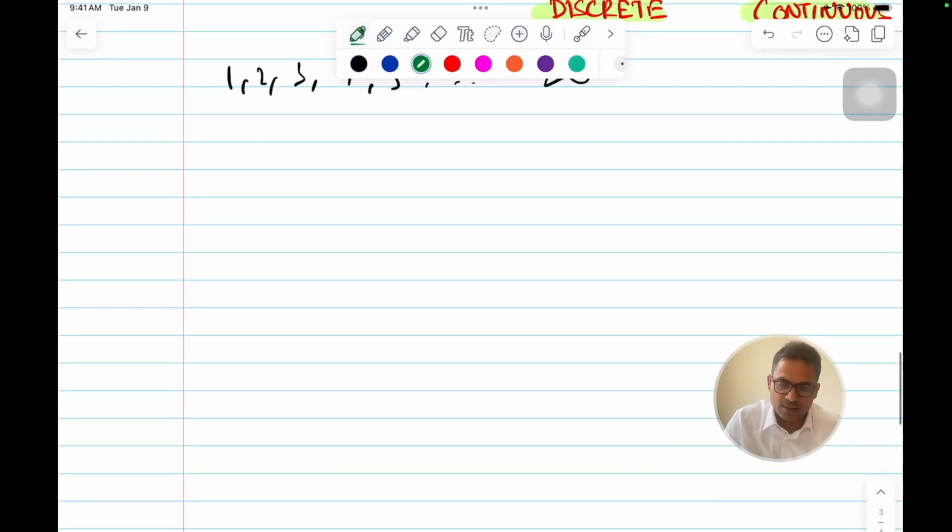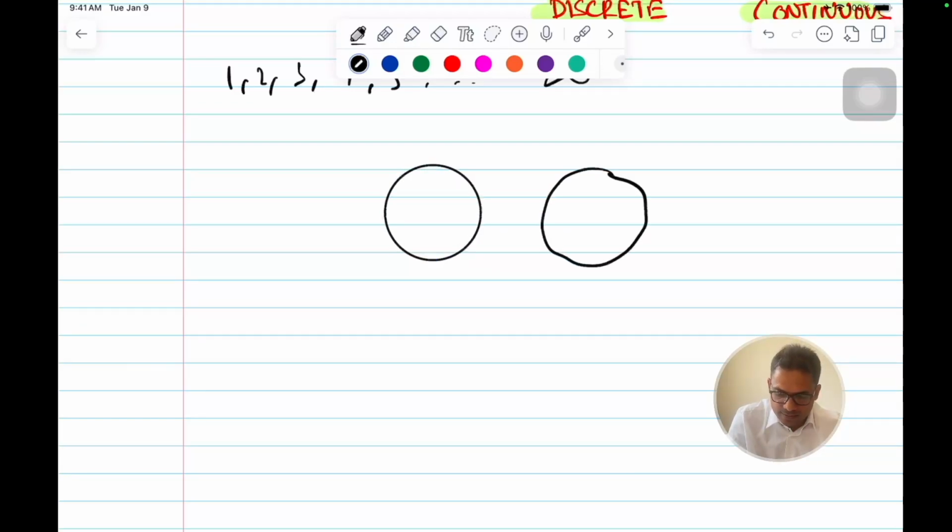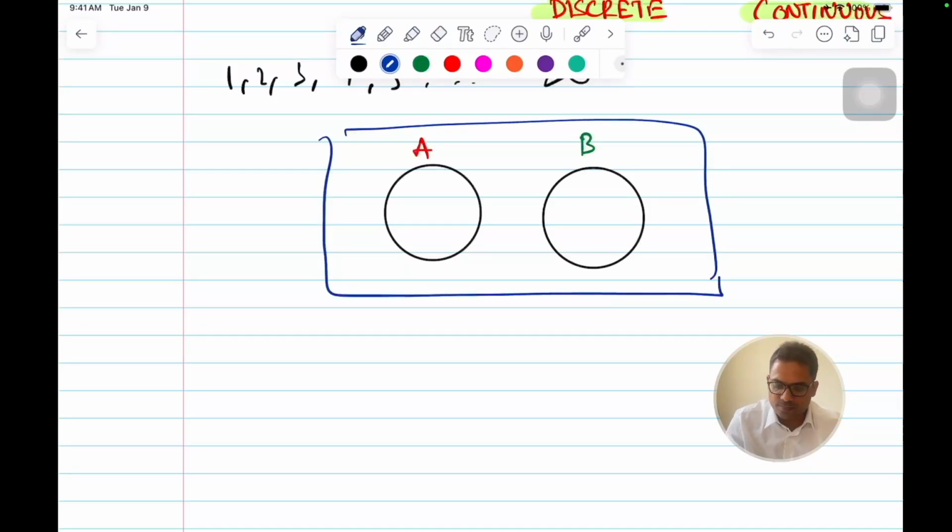So what do you mean by the literal meaning of mutually exclusive? Okay, so mutually exclusive also means disjoint. From the set theory perspective, if there are two sets, say a set A and a set B, there is no overlap.